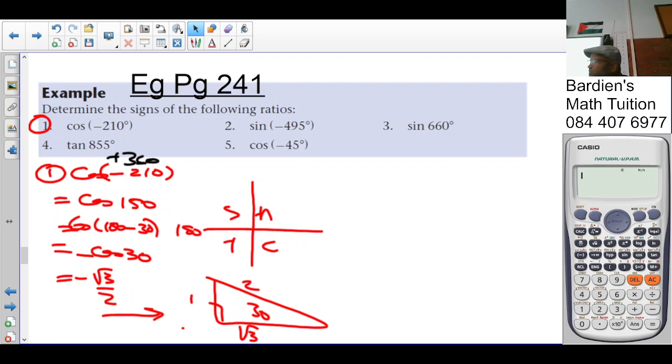Then you do number 4 for me. You guys stuck? No. Anybody have a problem with these examples? Okay.